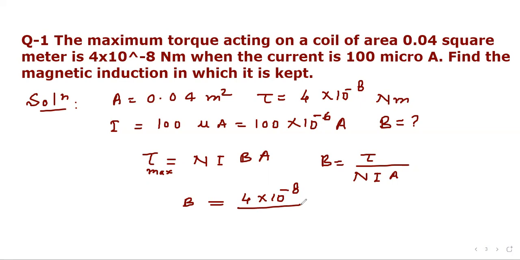Here the number of turns is not given, so we assume N to be 1 loop. So 1 into I, which is 100 into 10 power minus 6, times area, which is 0.04. So this will give 10 power minus 2 Tesla.